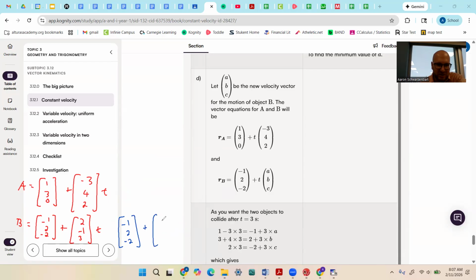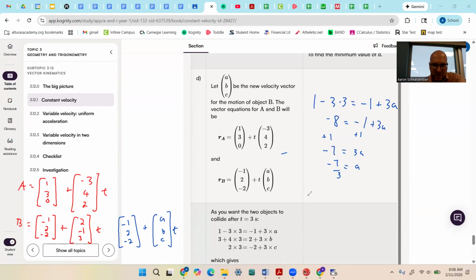We don't know A, B, C here, but we want them to collide at 3 seconds. So I'm going to take my line 1, and I'm going to plug in 3 for t. So this is -8. We have 1 plus 3A, A equals -7/3.